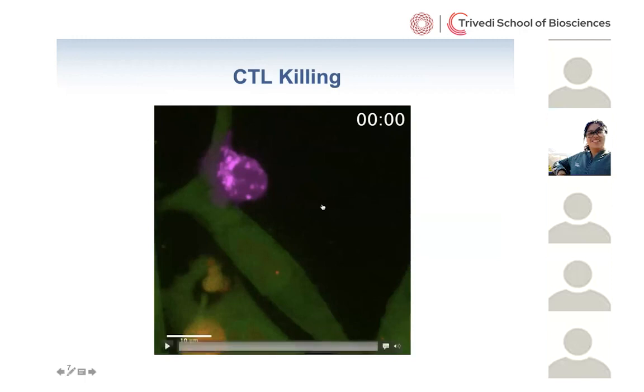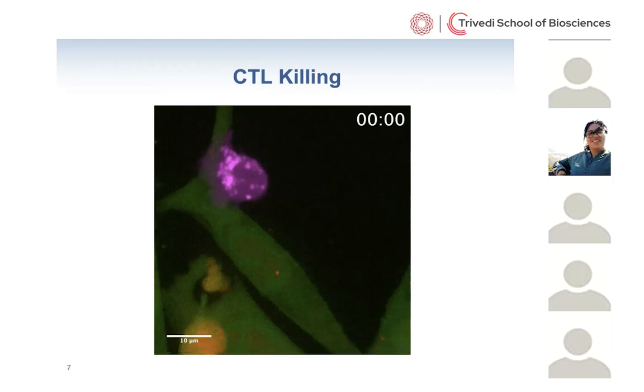And this is a short movie that I'll run, which shows a cytotoxic T cell, this purple cell. It's got granules within it. It has adhered to a tumor cell, this large green cell, and it's going to kill it. And you will see it's going to degranulate. It's going to put out its granules, and it's going to kill this cell.